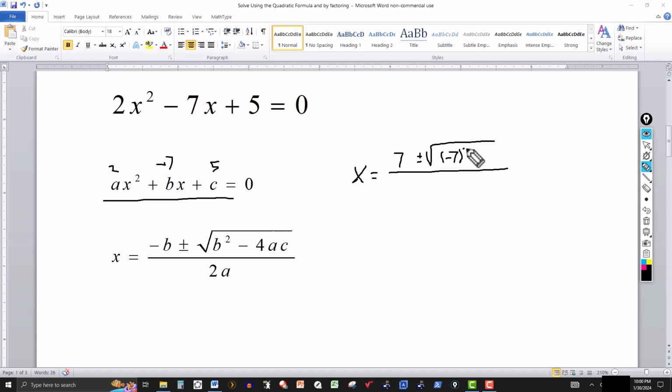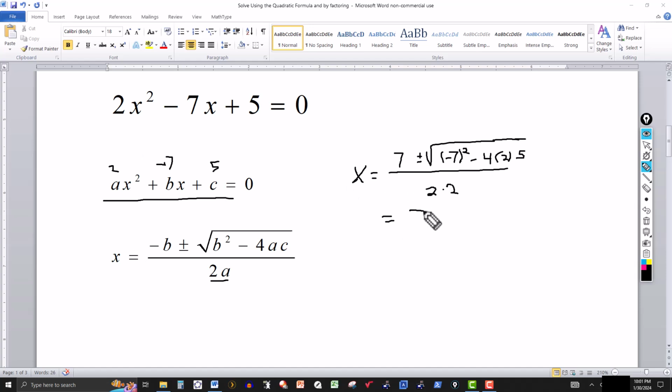And b is negative 7. So we have negative 7 squared, and then it's a minus 4ac. a is 2, and c is 5. And that's over 2 times a here. And of course a is 2.